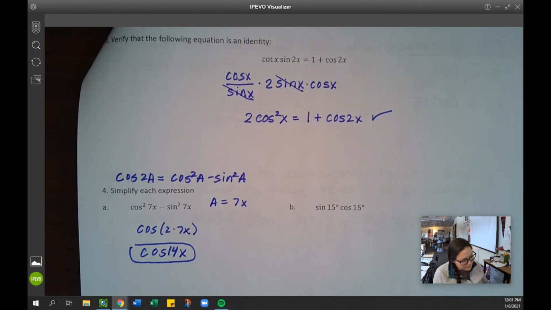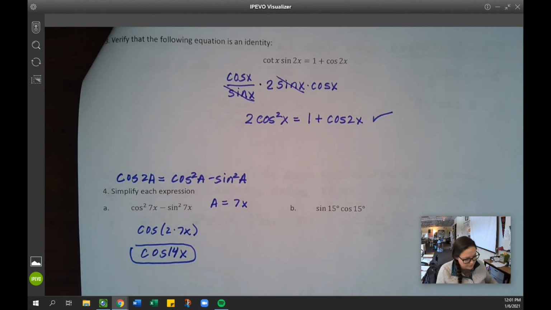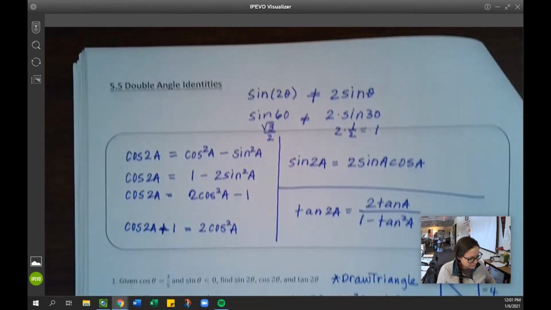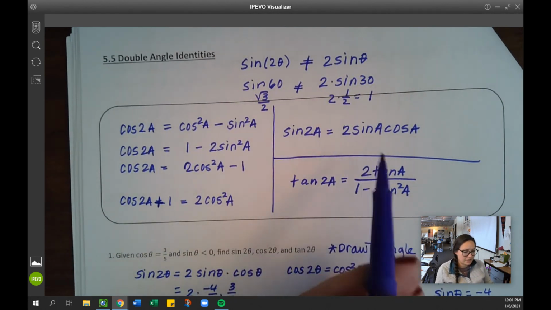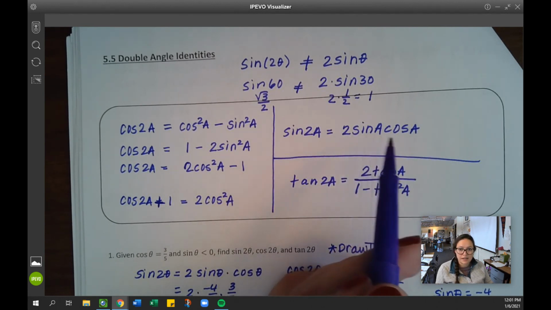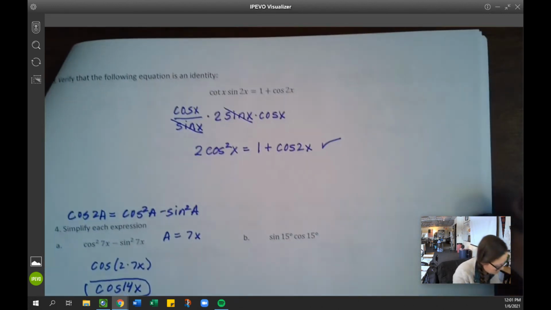All right, last one. Sine 15 times cosine 15. Let's flip back to our identities. Do I have anything that has both sine and cosine being multiplied together? I do. I have 2 times sine times cosine. Now, let me just write that down on the other page so we can refer to it.